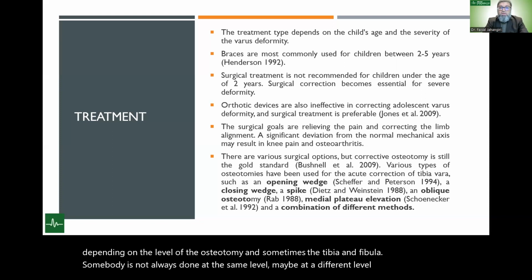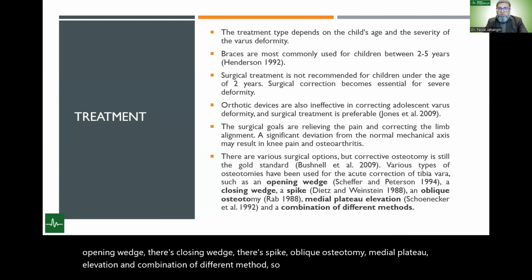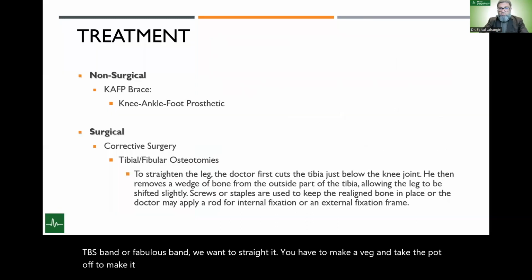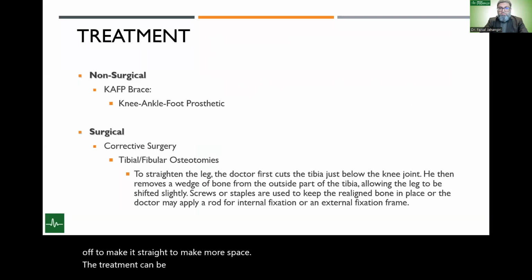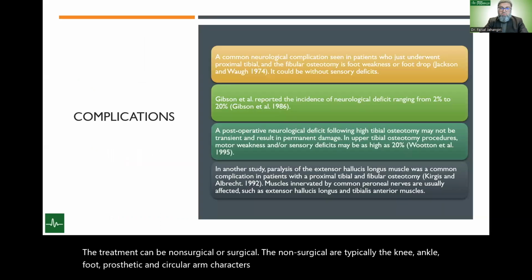So there's an opening wedge, a closing wedge, spike, oblique osteotomy, medial plateau elevation, and a combination of different methods. When the tibia or fibula is bent, you want to straighten it, so you have to make a wedge and take the part out to make more space. The treatment can be non-surgical or surgical. The non-surgical is typically a knee, ankle, foot prosthetic, and the surgical is corrective surgery, which is tibial osteotomy.